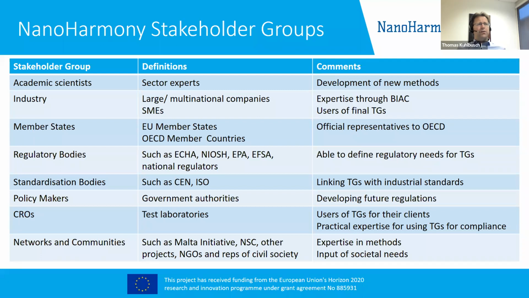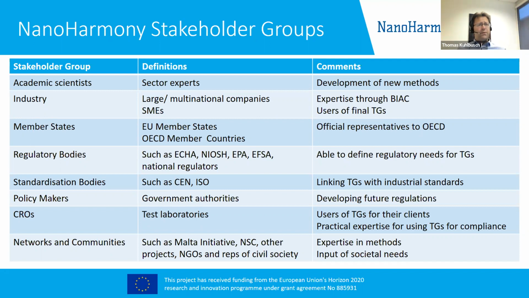Somehow linked to regulatory bodies, but certainly at a different level, are the policymakers, which are government authorities looking into future regulation. We also see them as a stakeholder group which, within NanoHarmony, we think is relevant to look at in the different phases. Then CROs, which are the test laboratories actually using those test guidelines to fulfill the requirements and deliver the tests to those who need them for registration or for fulfilling any other requirements.